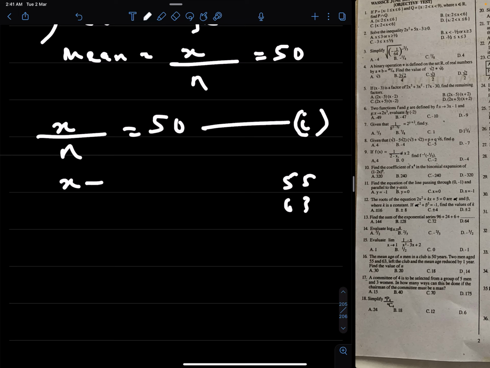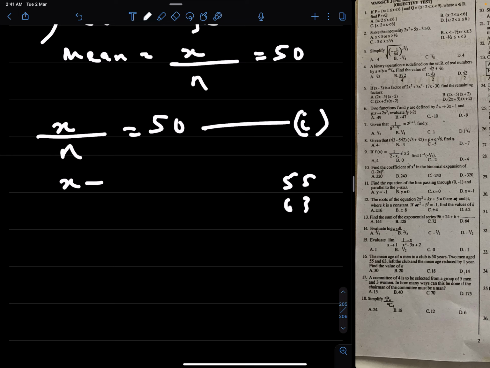The mean became 1 less than it was, so the mean is 50 minus 1, which is 49. I can call this equation 2.